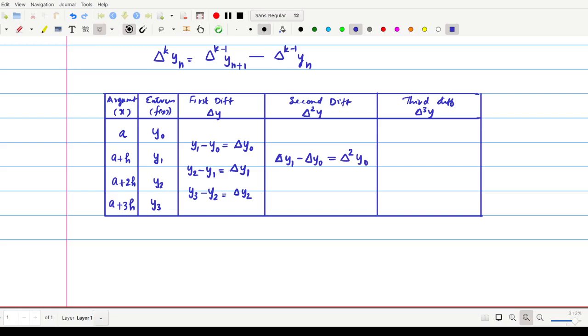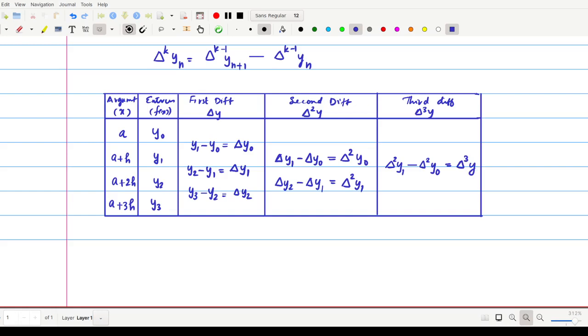Similarly, the difference delta y2 minus delta y1 is defined to be delta square y1. Using these two values, we define the third difference, delta cube y0, obtained by taking the difference delta square y1 minus delta square y0.